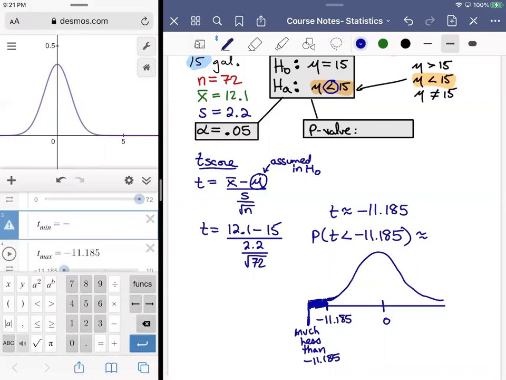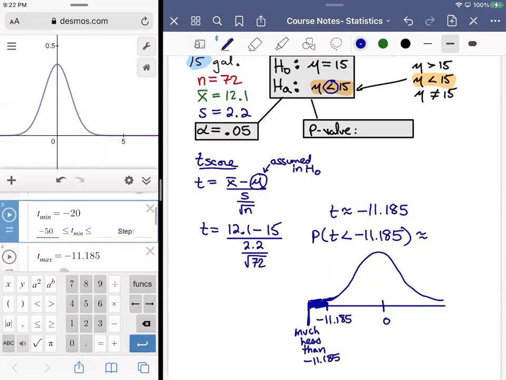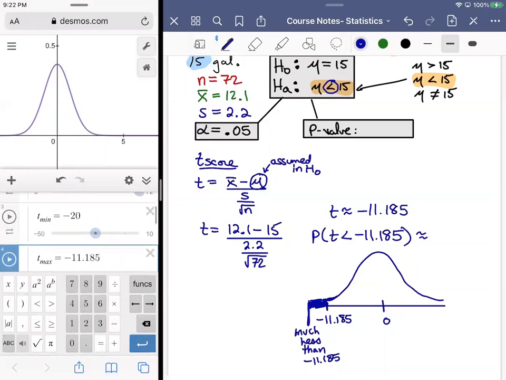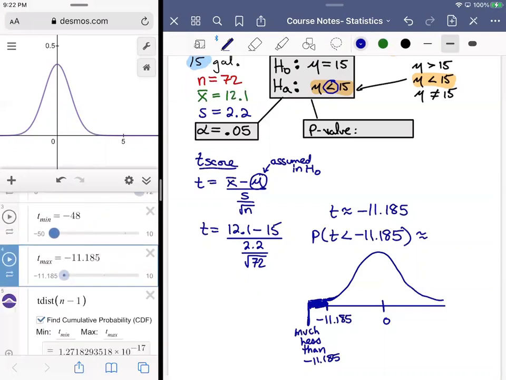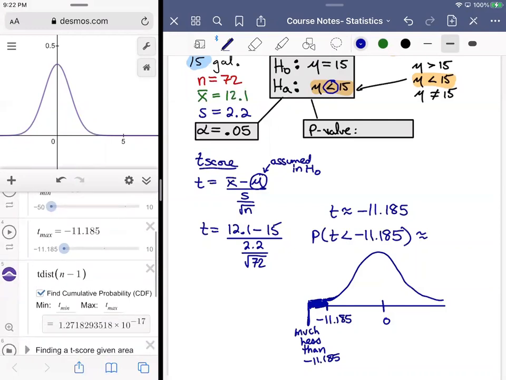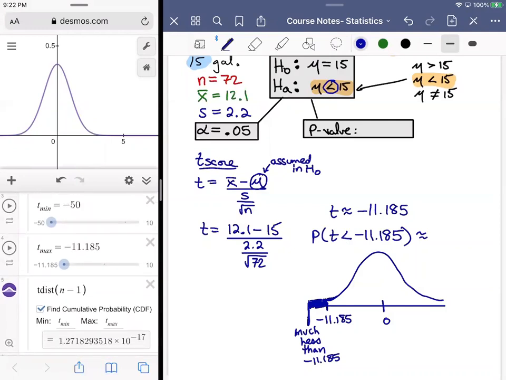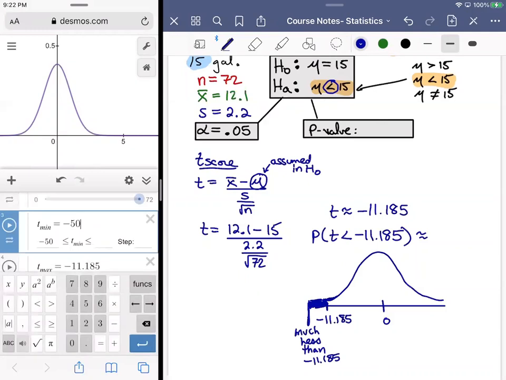Or I can tap on the T min, the left bound, and make that something really small, like let's say negative 50. And then when I go back into the slider, you see that now the slider allows me to go further. It's up to you which way you want to go, but some people are just more comfortable tapping on the number and changing it.